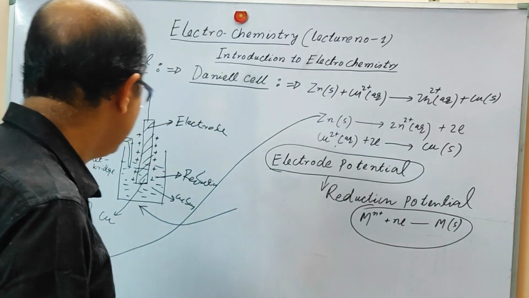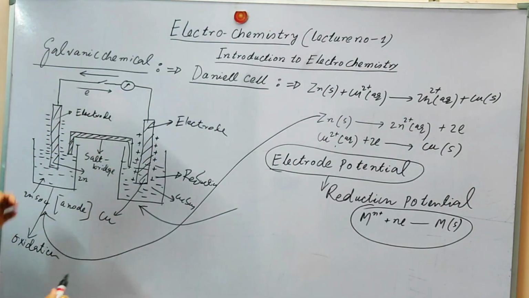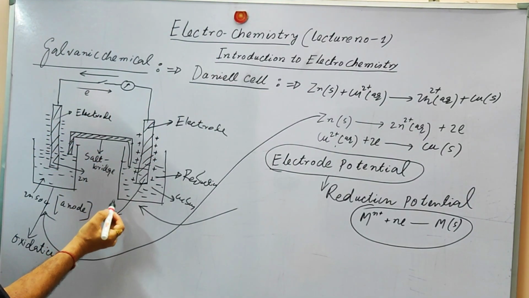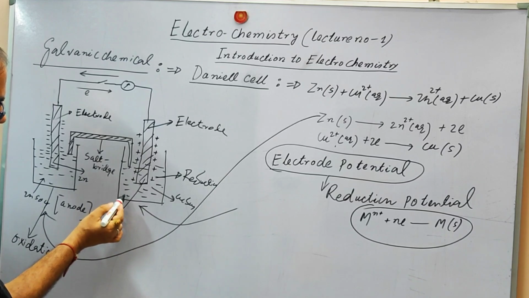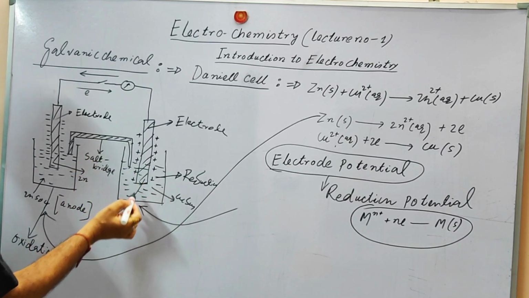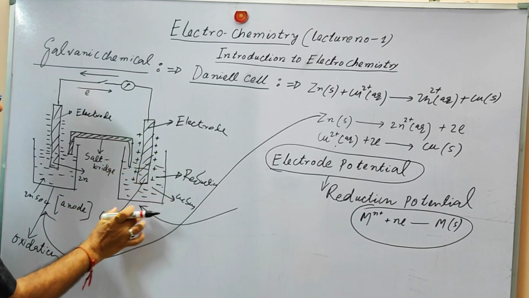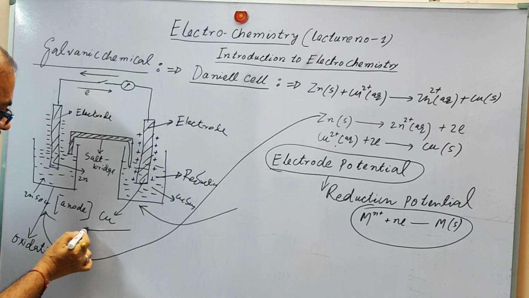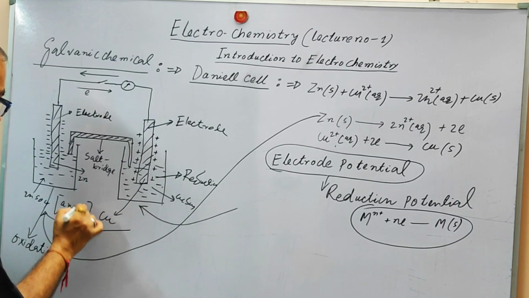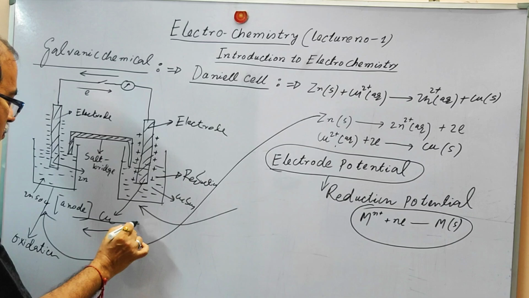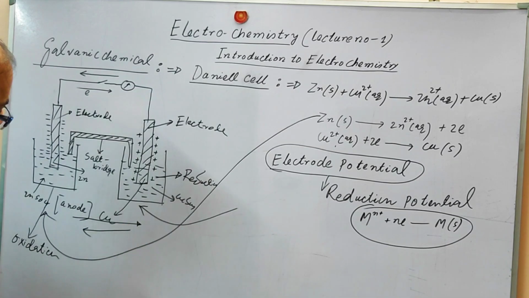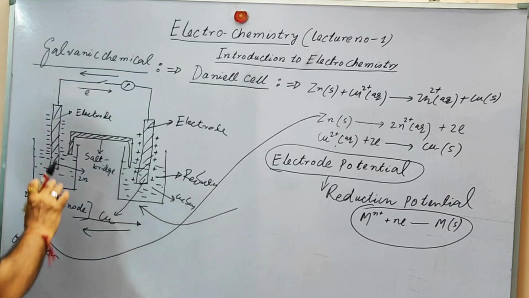What is going to happen? In this salt bridge, the cations will flow from one portion of the cell, and the anions will flow from the other side to here. That is how we can understand the salt bridge.